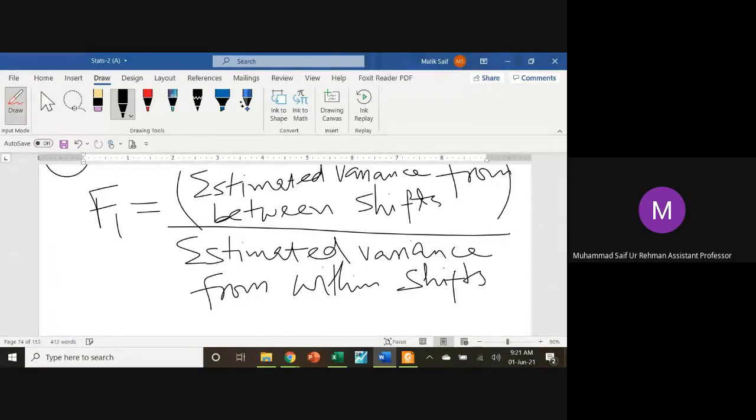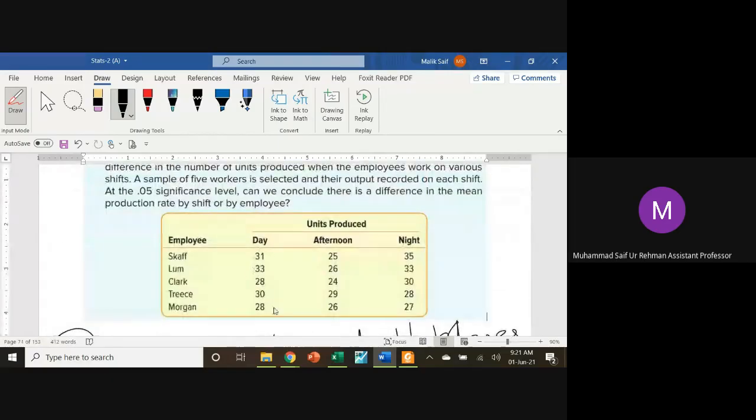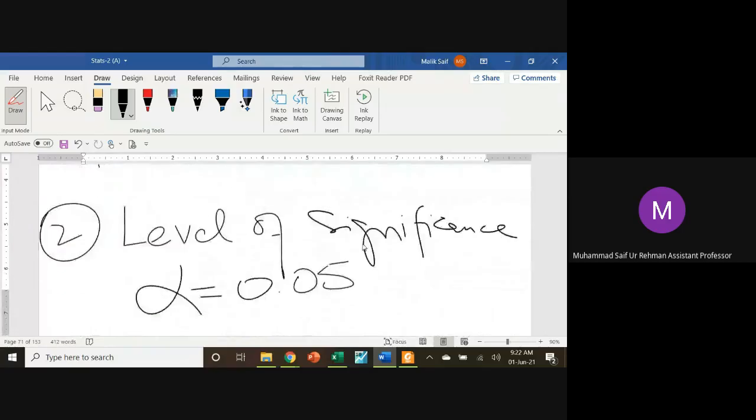So within shift means you will take into account all those values that are written in the table within shifts. So for this you are considering all these values, and between shifts means between these two, and between these two, like this. From between shifts and from within shifts.